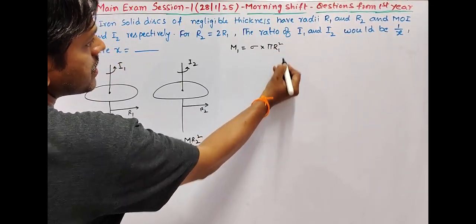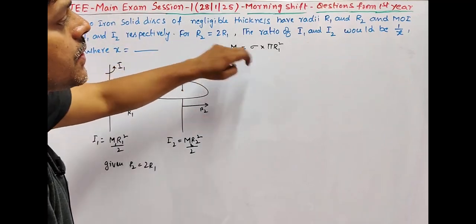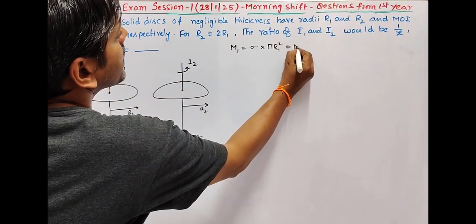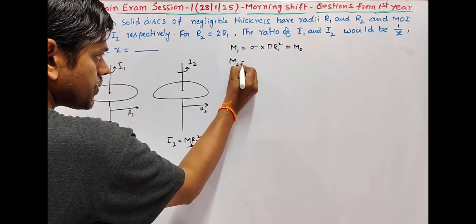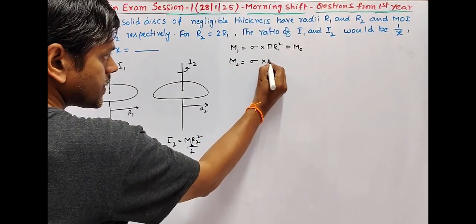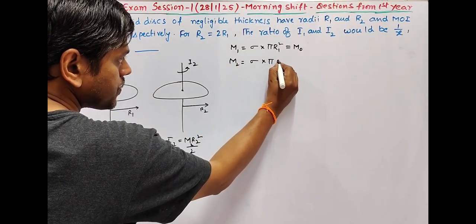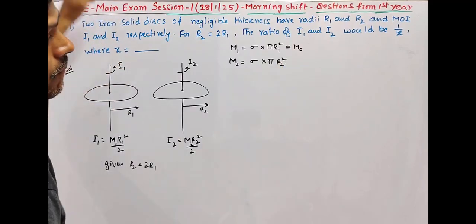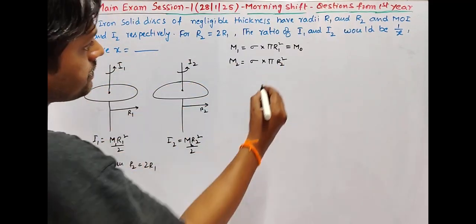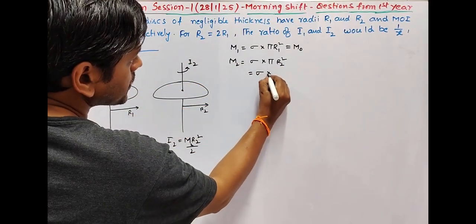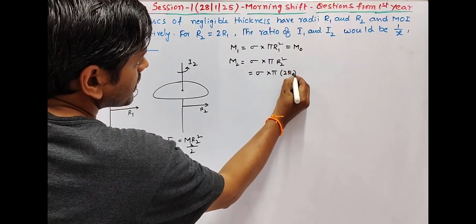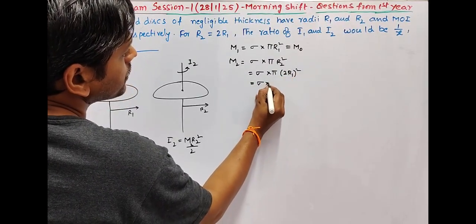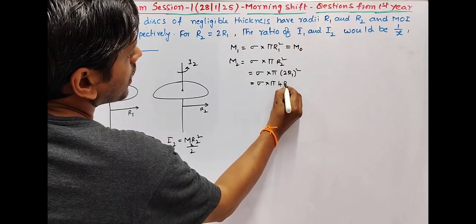So the first disc is sigma into pi R1 square, which we call M0. The second disc mass M2 is sigma into pi into R2 square, and R2 is 2 R1, so sigma into pi into 4 R1 square.